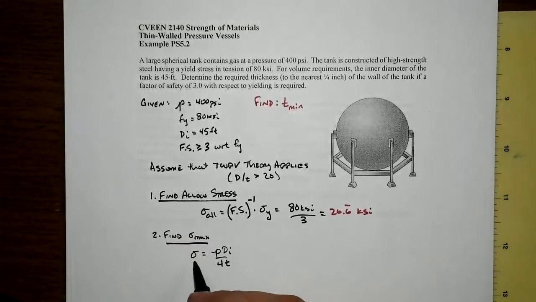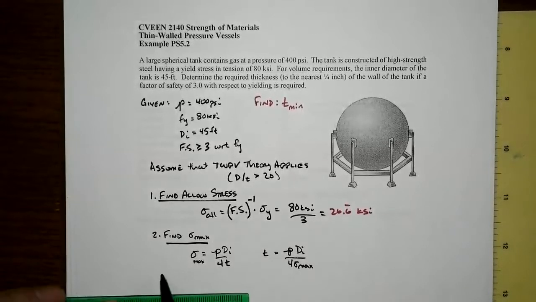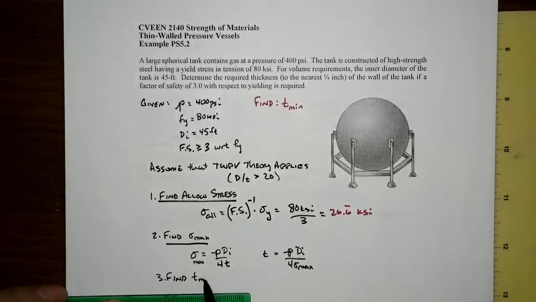And that's your sigma max, and because it's the same in all directions, that means that our t would be equal to p times d_i over 4 times sigma max. Right, so that's going to allow us to find our t min.